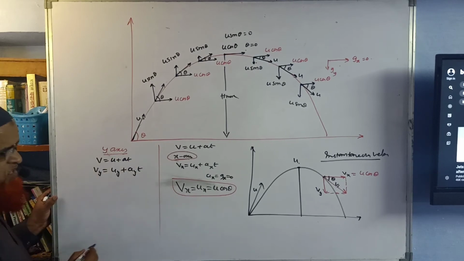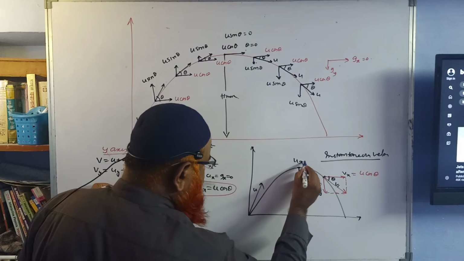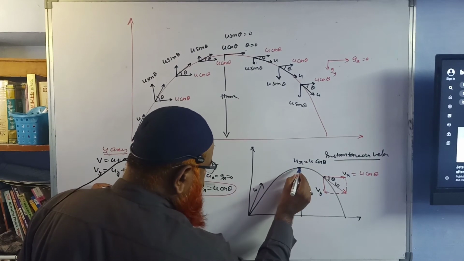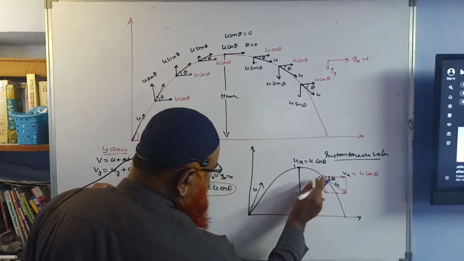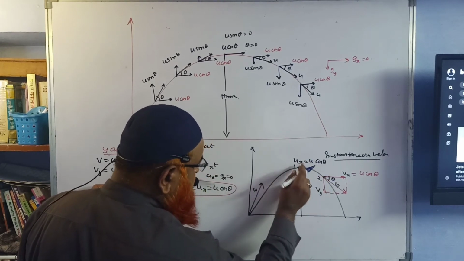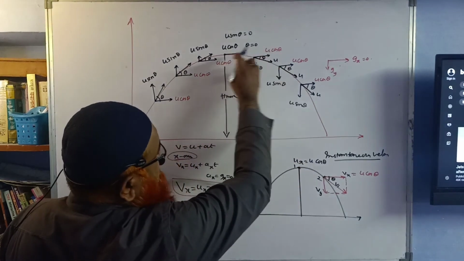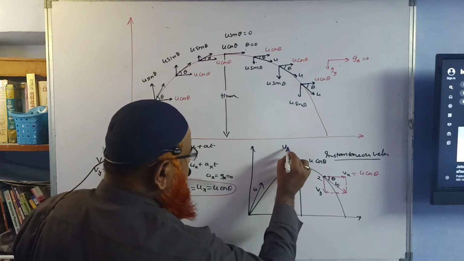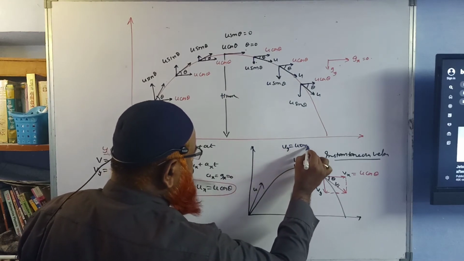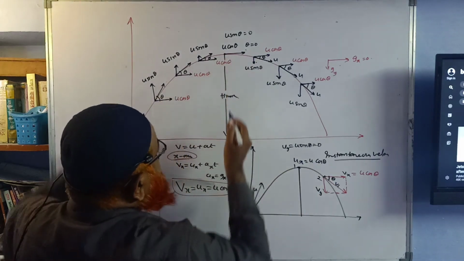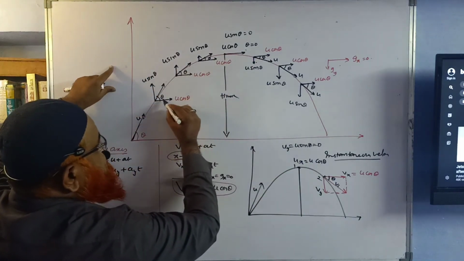Let us consider one thing here. Ux is present at this place, called U cos theta. If this is the starting point and this is the ending point during the path, Ux is going to be U cos theta. Just now I told you at the highest point U cos theta is present, whereas Uy is equal to U sin 0, which is going to be 0, because in the horizontal position the angle theta slowly decreases.